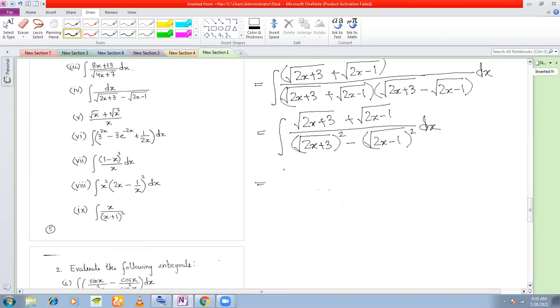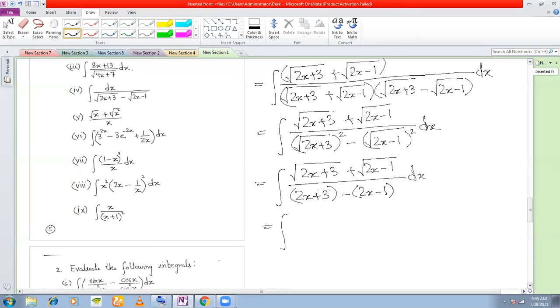Okay, so you get integration root 2x plus 3 plus root 2x minus 1 divided by 2x plus 3 minus 2x minus 1 dx.